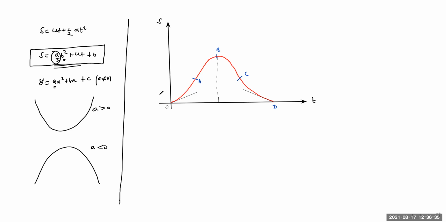So in OA, what is happening? Is it accelerating or retarding? Accelerating. And AB? Retarding. And BC? Retarding. And CD? Again retarding.